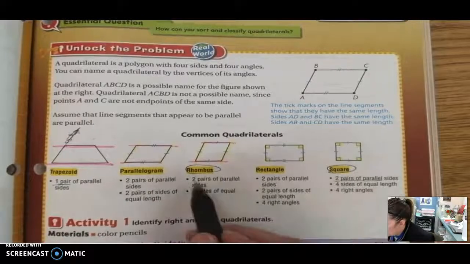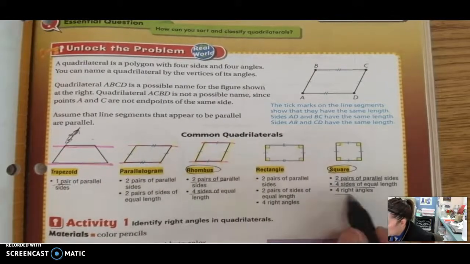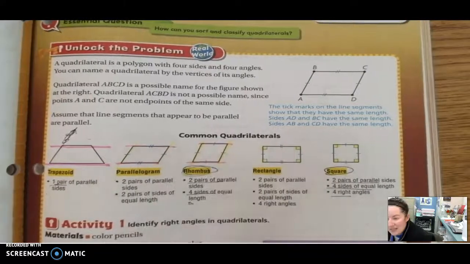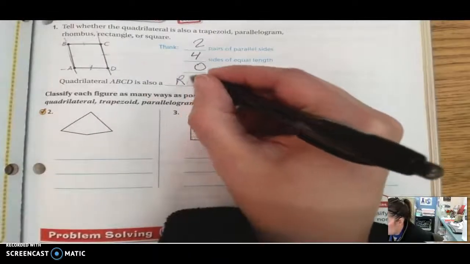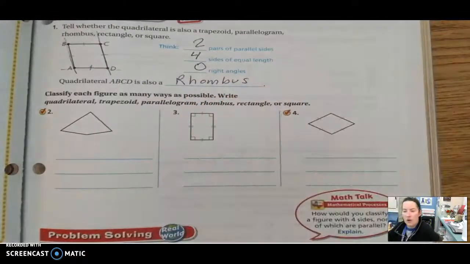They have two pairs of parallel sides and four sides of equal length. This one has 4 right angles. I have 0 right angles. So that shape is a rhombus. All right, let's classify some of these other shapes.